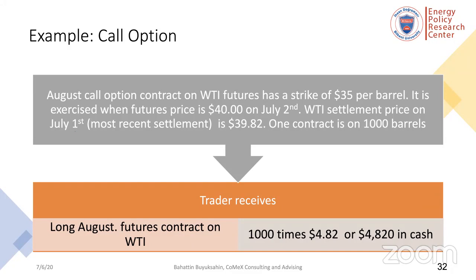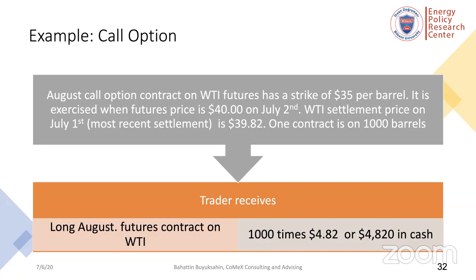Let's suppose it is July 2nd and a trader has one August futures call option contract on WTI with a strike price of $35 per barrel. One futures contract is, of course, on 1,000 barrels of WTI. Suppose that the futures price of WTI for delivery in August is currently $40. And at the close of trading on July 1st, the day before, the last settlement price was $39.82.